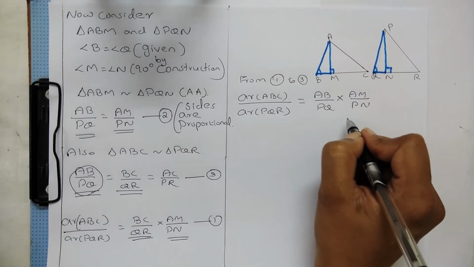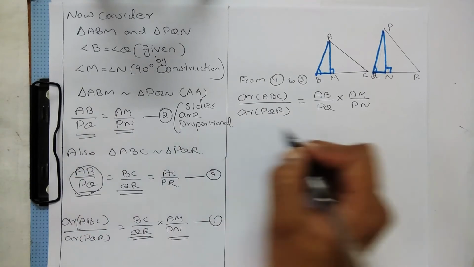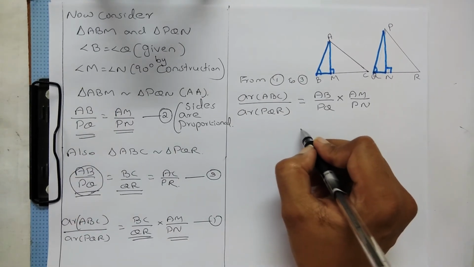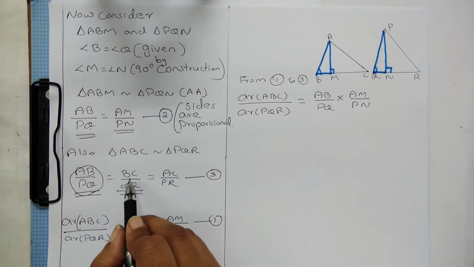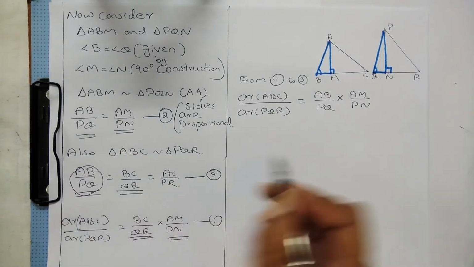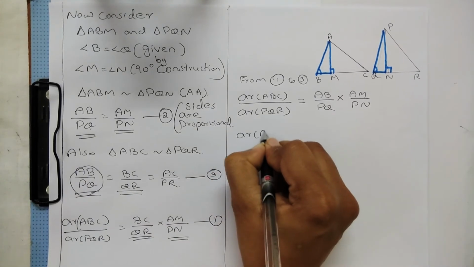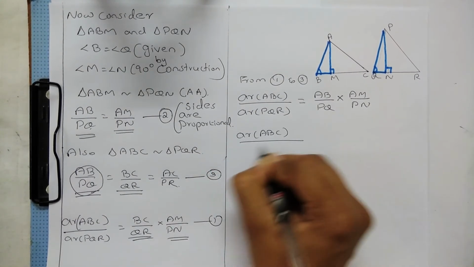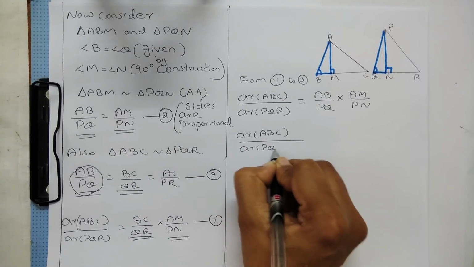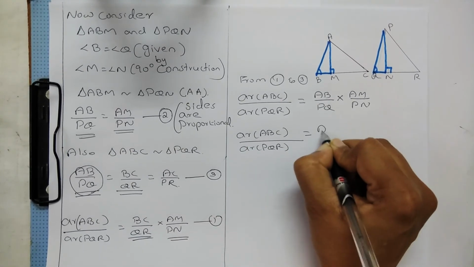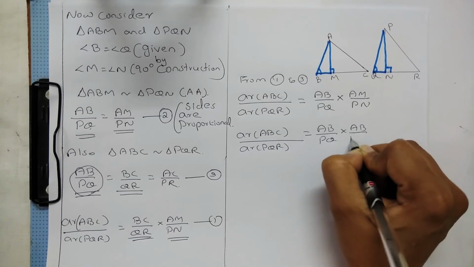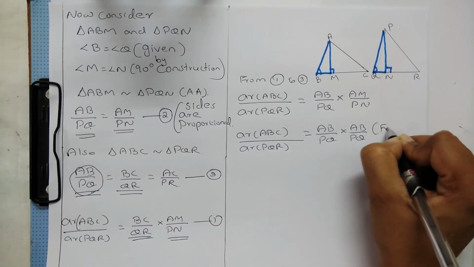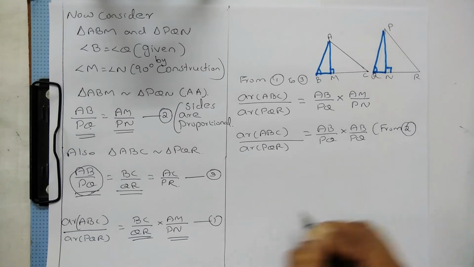Then AM by PN we can write as AB by PQ again, because we proved AM by PN as AB by PQ. That's the reason I am taking AB by PQ instead of BC by QR. So area of ABC divided by area of PQR is equal to AB by PQ into AB by PQ. That is from equation number 2.